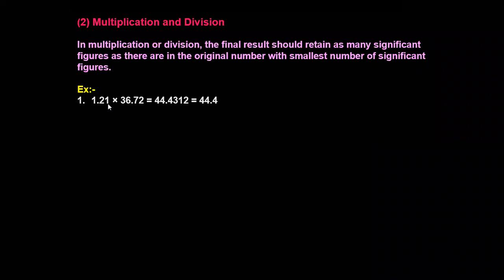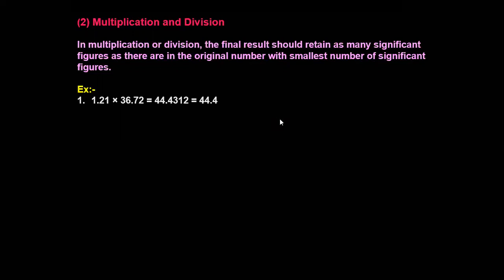So in the result also, 3 significant figures only should be there. 3 significant figures means 44 point up to 4. These 3 digits have to be omitted. The digit to be omitted is 3, which is less than 5. The preceding digit has to be written as it is.